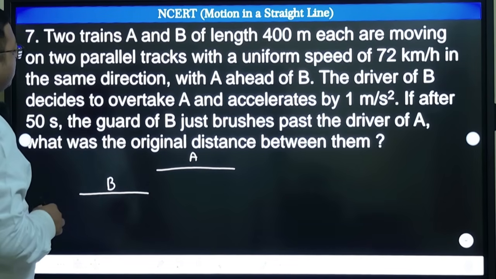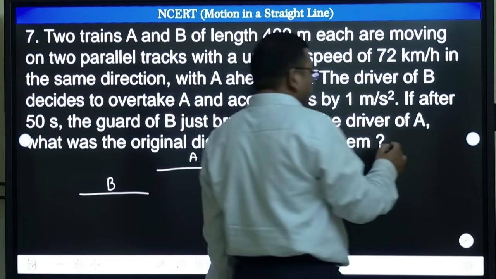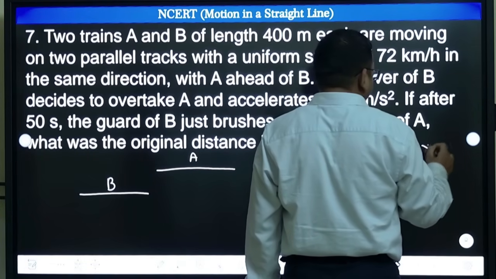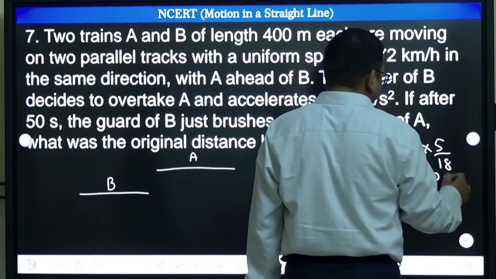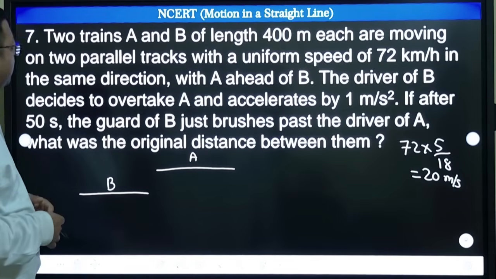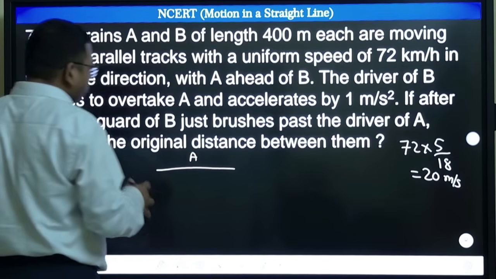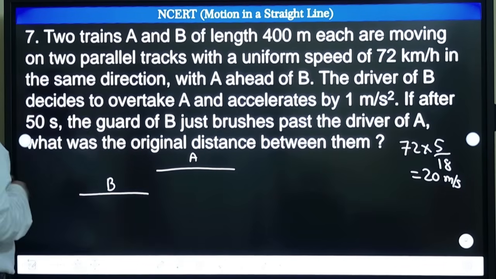The driver of B, so right now they have the same speed. What is the speed? 72 kilometer per hour. Convert by 5 by 18, so 20 meter per second. So both the trains are going with the same speed of 20 meter per second, right? And their lengths are also the same. This length they have given, 400 meter, 400 meter.